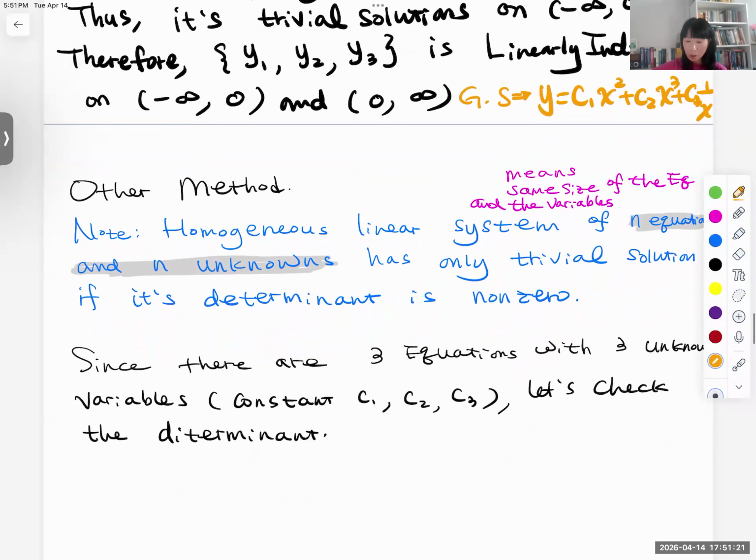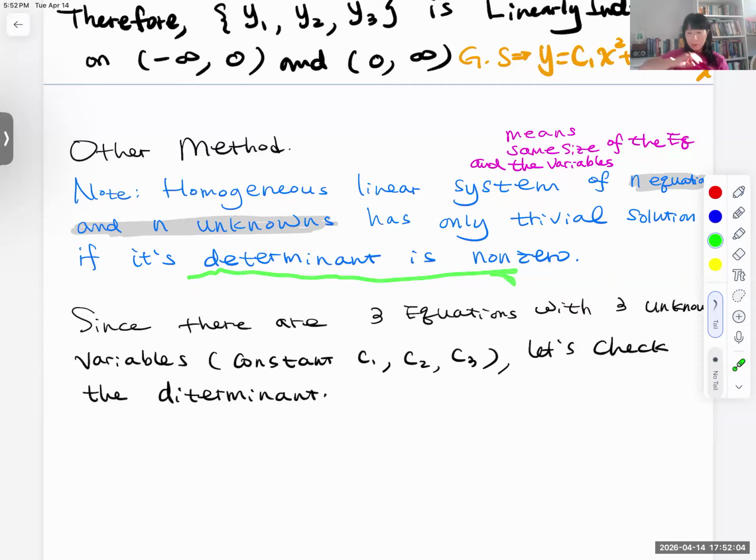That means they have the same number of equations and variables. Yeah, unknown means unknown variables. All right, so then we need to show that their determinant is non-zero.